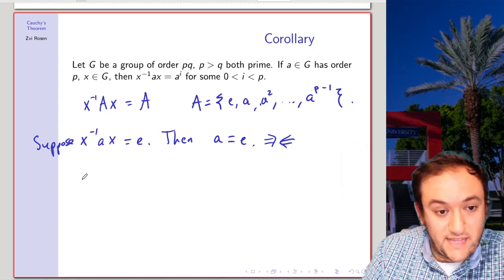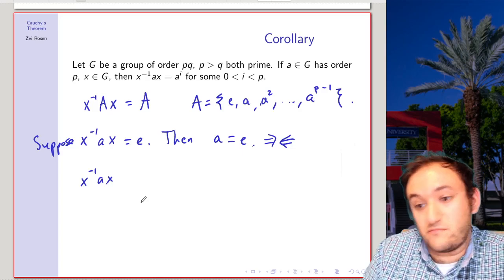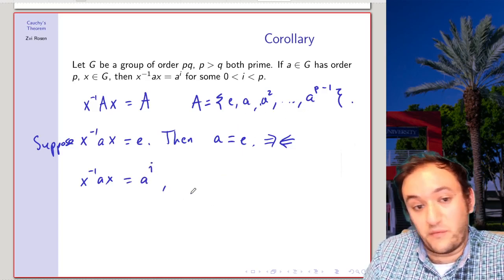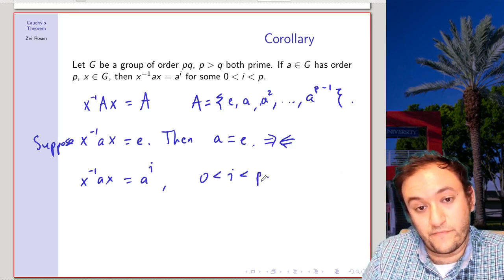So that means that x inverse a x is one of these other elements, and that's just a to the i for i between 1 and p minus 1. Okay.